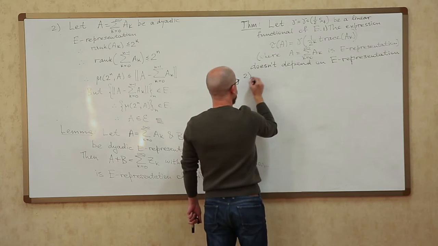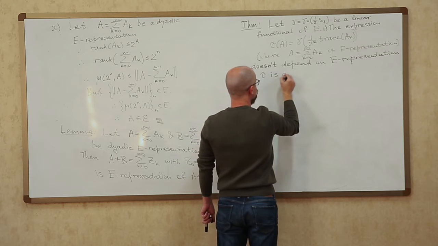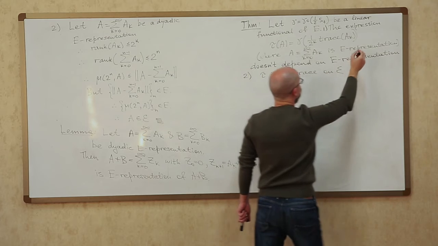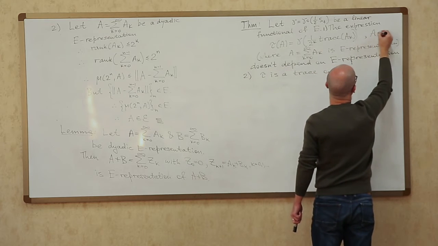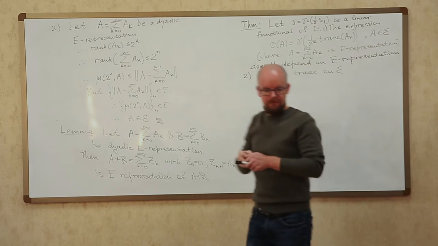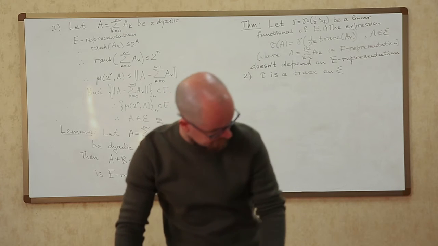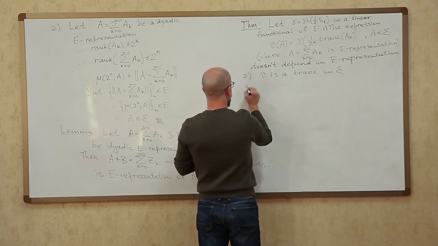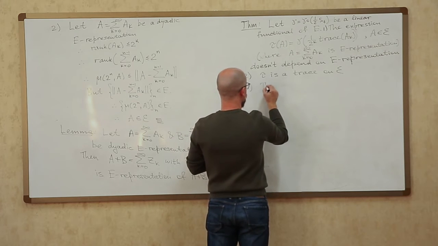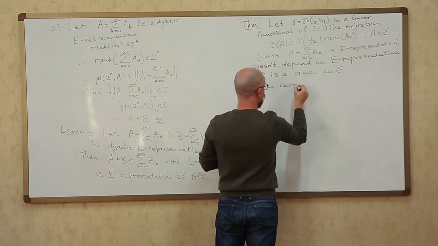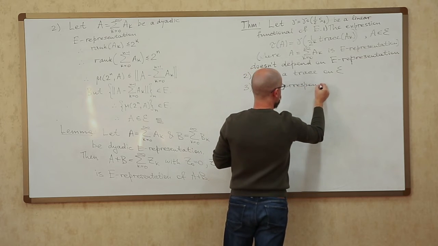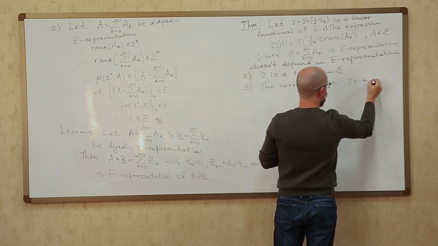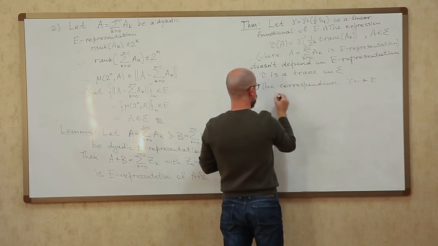The second claim is that tau is a trace on E. And the third thing is that the correspondence gamma to tau is bijective.